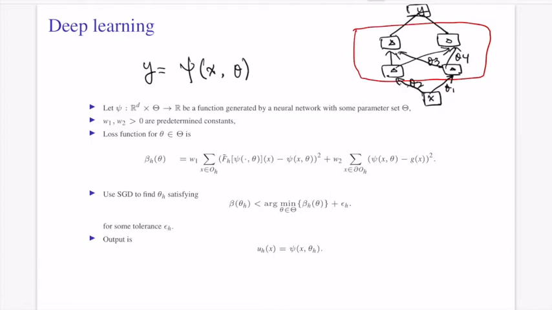If your candidate function gives a minimized value of the loss function, then it's going to be a good approximation. In other words, for the computation there's a tolerance, and you are going to find some theta_h which makes the loss function within this tolerance. The neural network then gives the function corresponding to theta_h, which is the approximated value we are looking for.